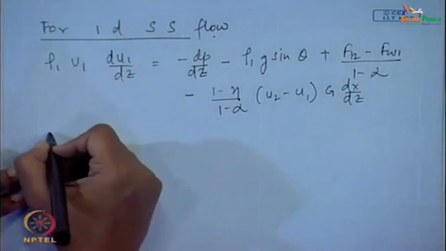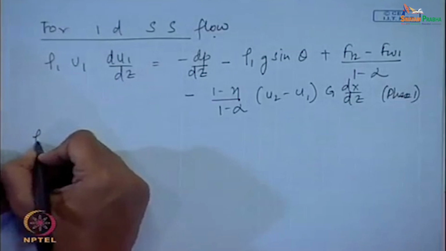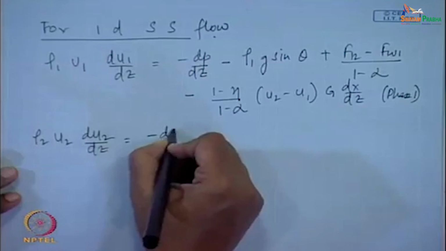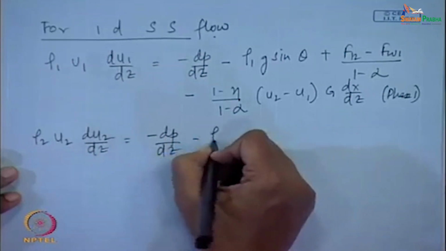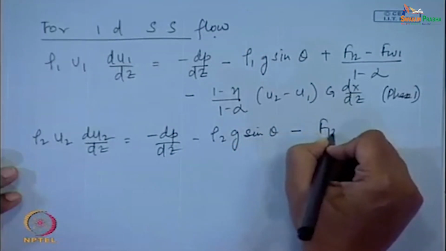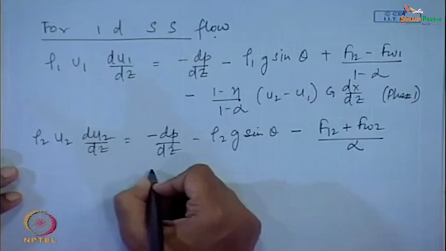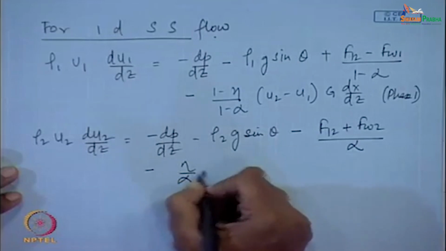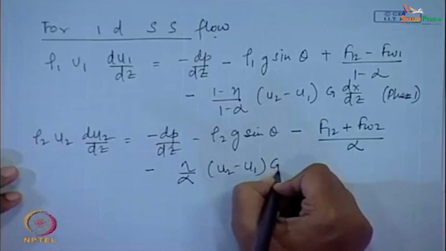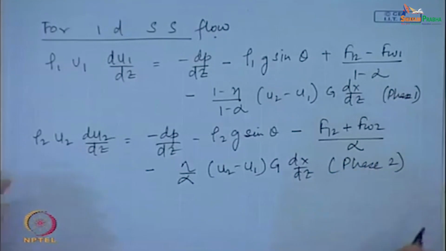This was for phase 1. Similarly, for phase 2 again we have rho 2 u2 du2 dz. This is again the same thing, just the subscript 1 will be substituted by subscript 2 and we have to take into account the directions in which the forces are acting in each of the phases, with u2 minus u1 g dx dz. This is for phase 2.